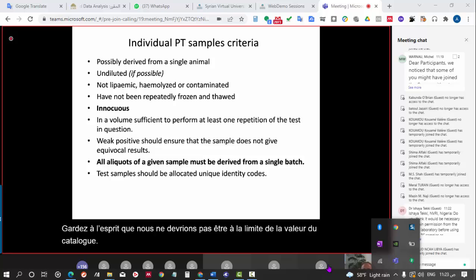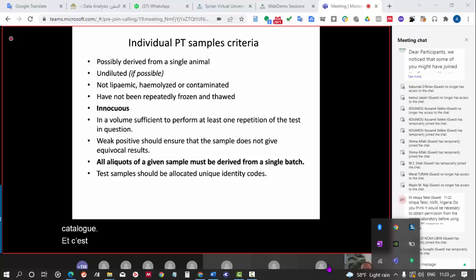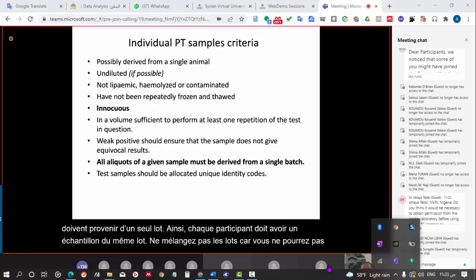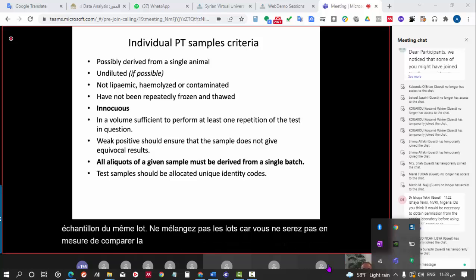And this is also very important. All aliquots of a given sample must be derived from a single batch. So every participant must have a sample from the same batch. Do not mix batches, because you will not be able to compare proficiency of the laboratories. And finally, the test samples should be allocated unique identity codes.